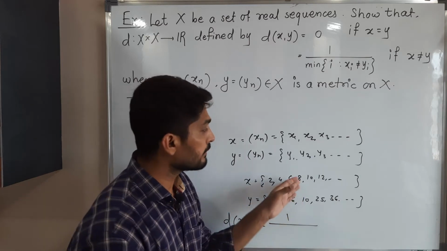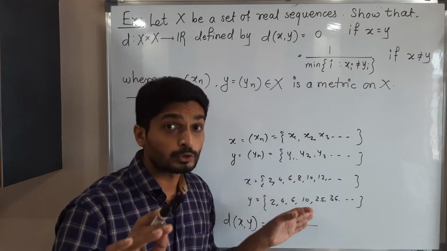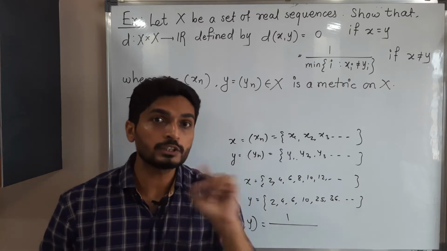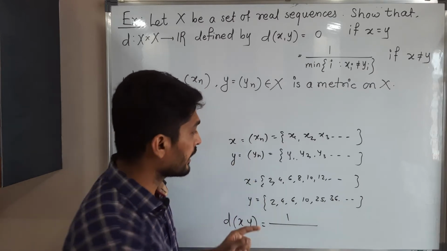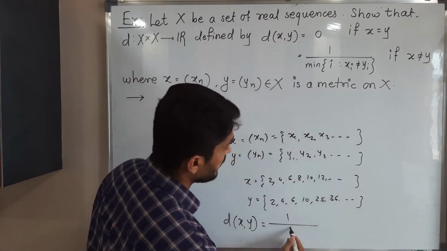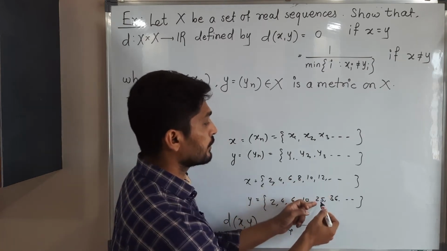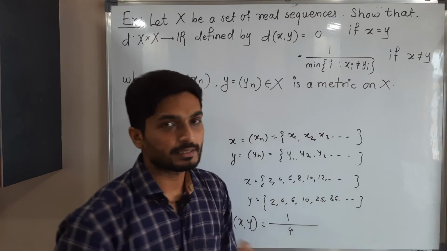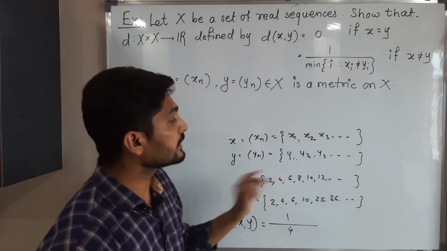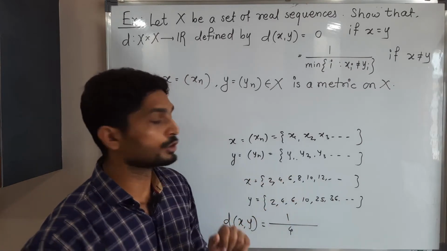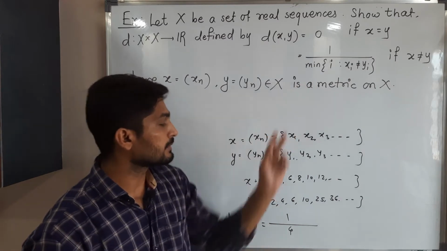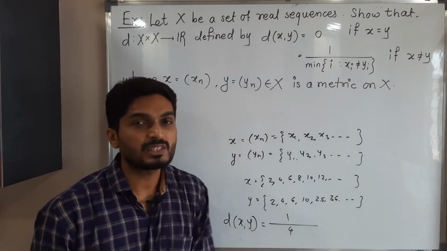No. That means at the fourth position we get our first inequality. So the minimum of the inequality positions is 4. Here x5 is not equal to y5, x6 is not equal to y6, that is also okay, but the first inequality we get is at the fourth position. So its minimum is 4, so 1 by 4. So D of xy is 1 by 4.